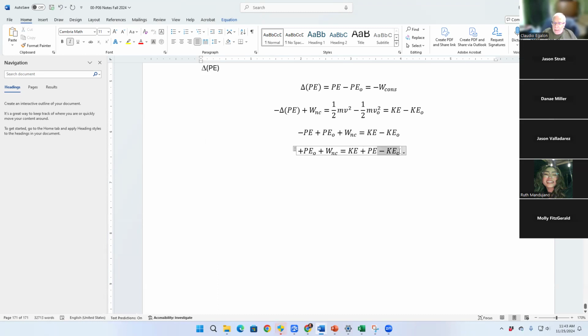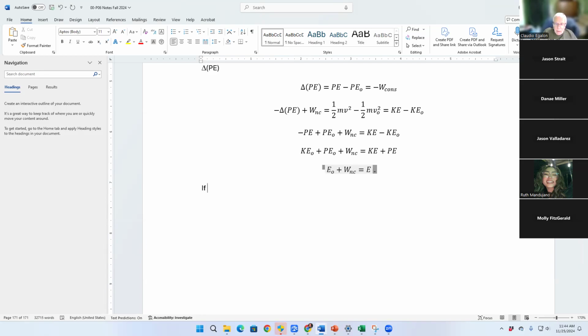We pass the initial kinetic energy to the left, change the sign. And now we start to have something close to what we call the conservation of energy. And this conservation of energy, the potential versus the kinetic energy, we call it the mechanical energy. Okay, initial mechanical energy on the left side, final mechanical energy on the right side.